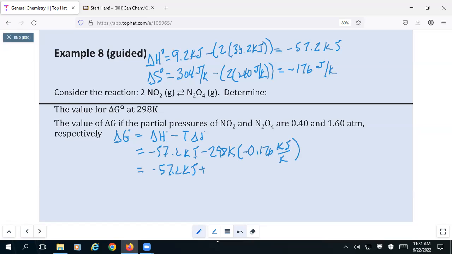The product of these two is 52.4 kilojoules. So delta G is going to be negative 4.8 kilojoules.